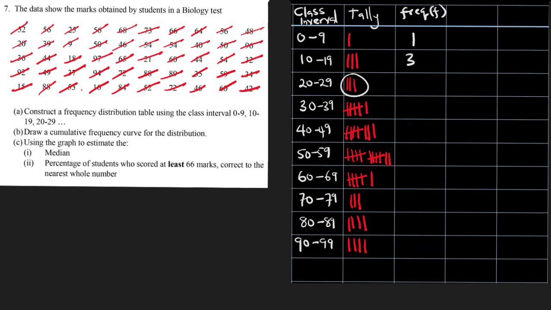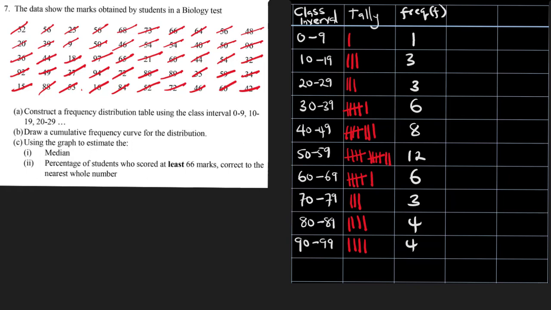This also we have 3. This one here we have 6. This one here we have 8. This one here we have 12. This one here we have 6. This one here we have 3, 4, and finally we have 4.